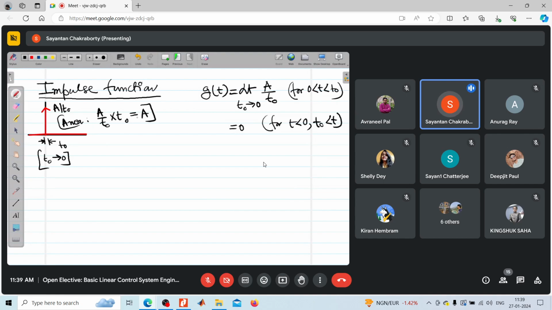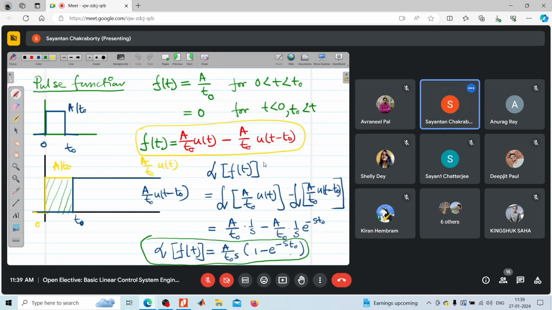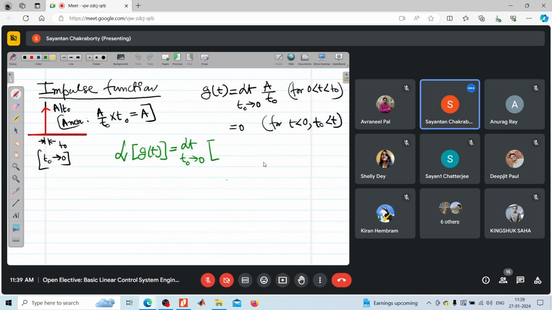Given this type of impulse function, what will be the Laplace transform of g(t)? That is the limit as t0 tends to 0 of the Laplace transform I have already found in generic form: a by t0 s times 1 minus e to the power minus s t0.